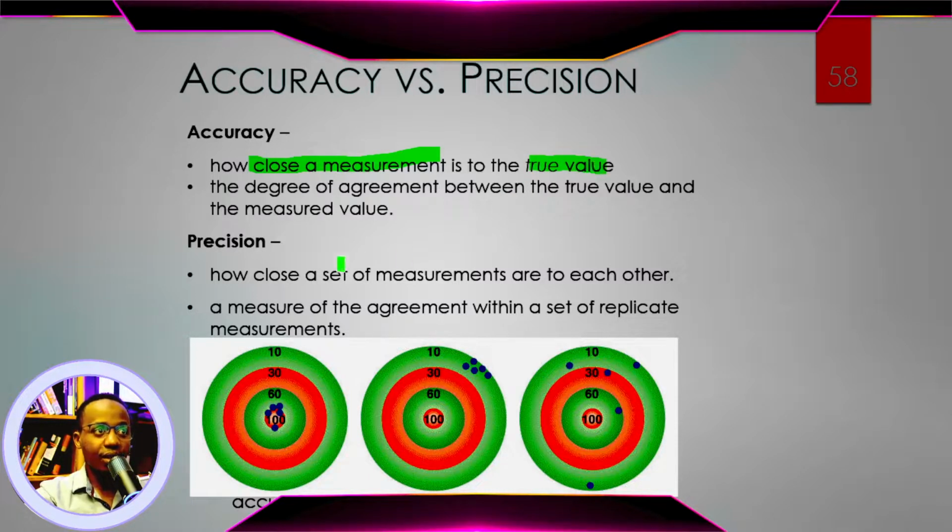And precision is how close a set of measurements are to each other, right? So when something is accurate, we're comparing it to the true value. But when something is precise, we're comparing it to the measurements that we're making, if that makes sense.